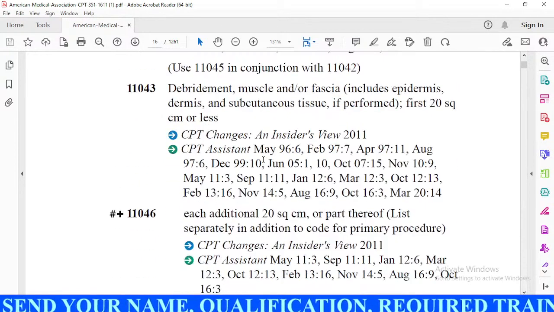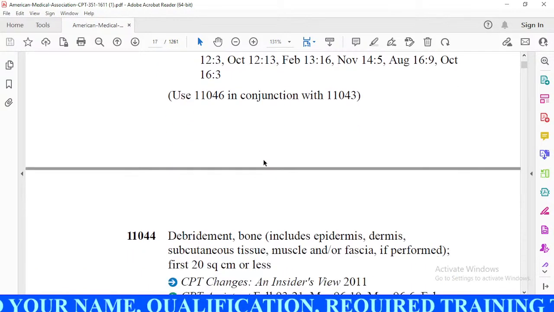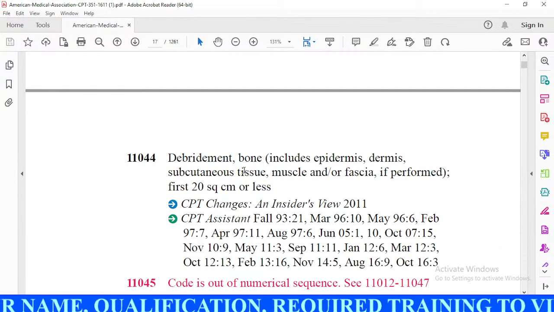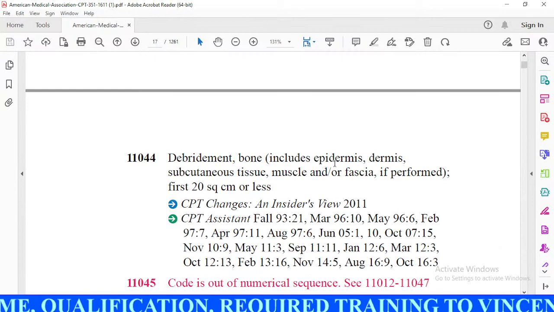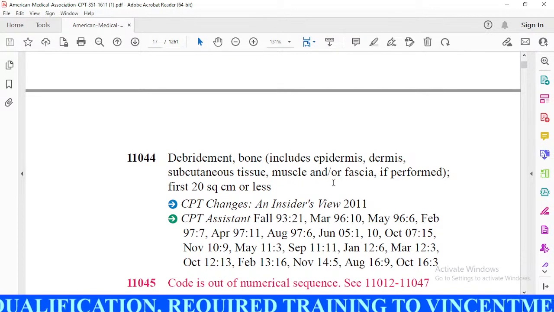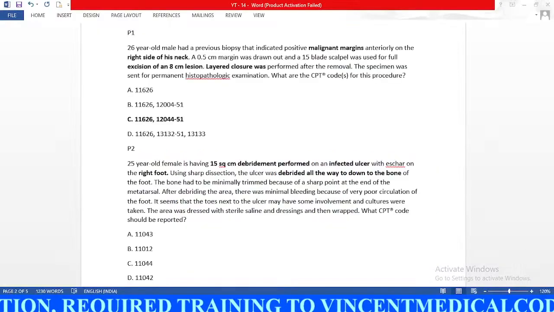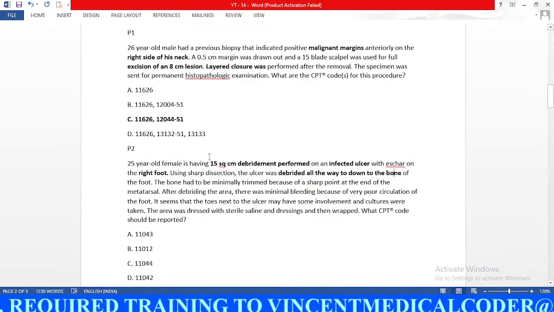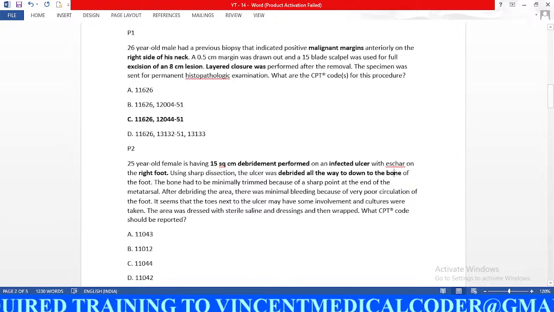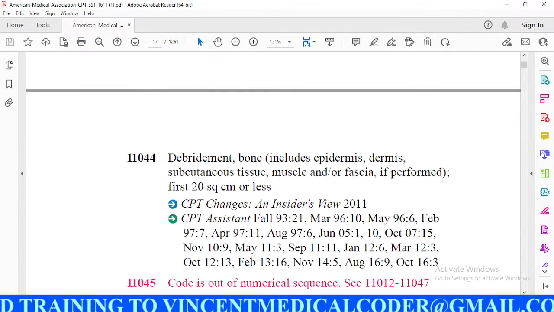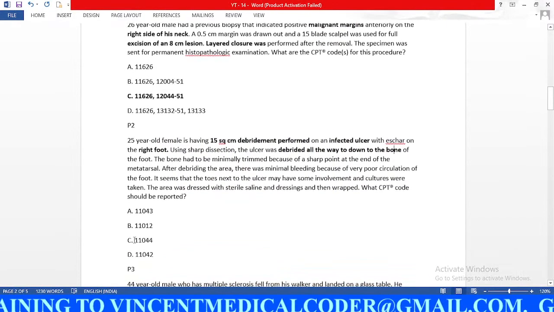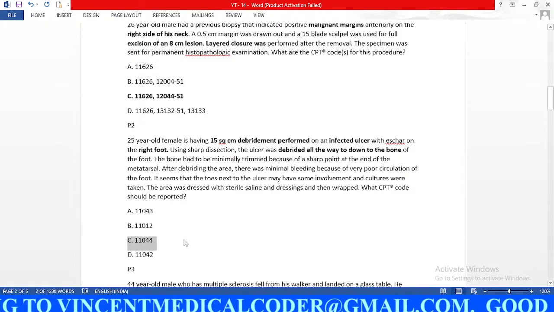We are left with 11044. Here, debridement of bone includes epidermis, dermis, subcutaneous tissue, muscle and or fascia if performed, first 20 square centimeters or less. Based on our question we have only 15 square centimeters, so based on this rationale our correct answer is 11044.